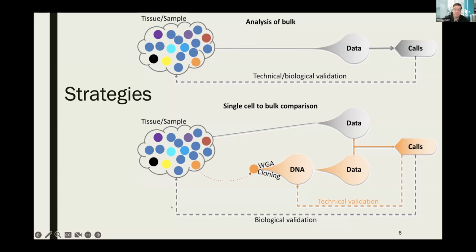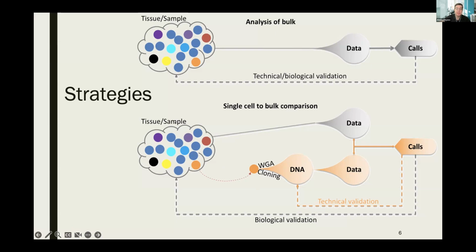In an extreme case, as shown here, if you have a mutation present in just one single cell, you took the cell, you cloned it or amplified it, then this mutation is not present anymore in the bulk, and you will never be able to validate it. So that's a fundamental limitation of these approaches.